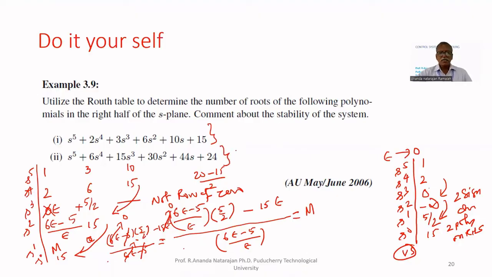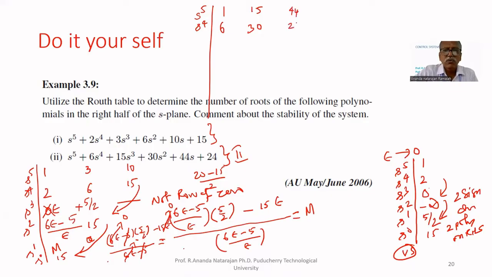This sum, second sum. Here, S power 5, S power 4: 1, 6, 15, 30, 44, 24.